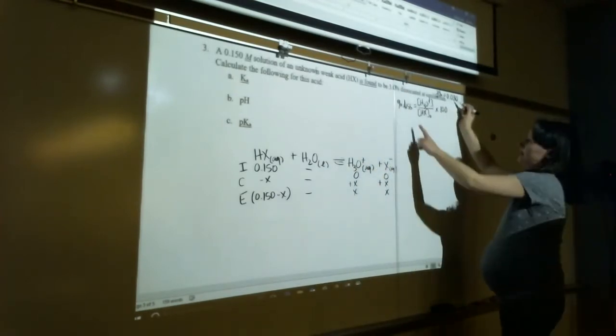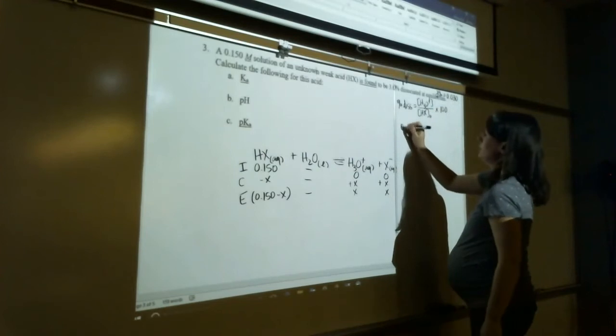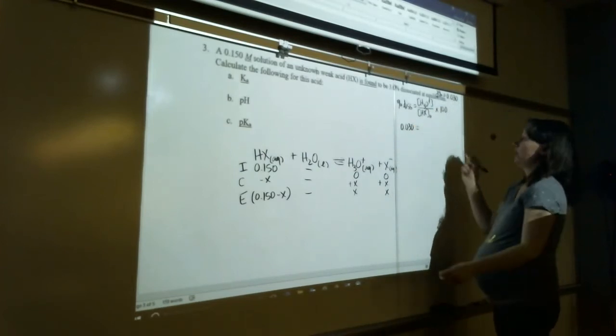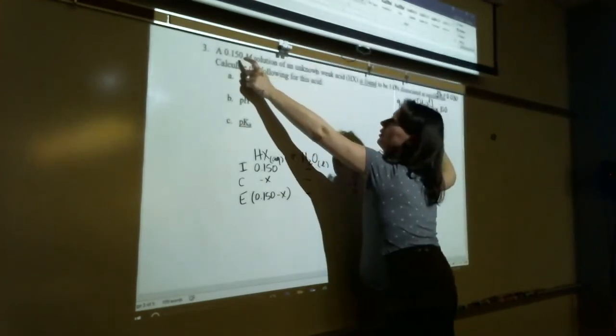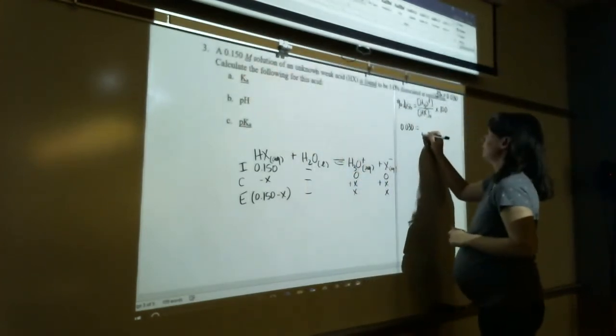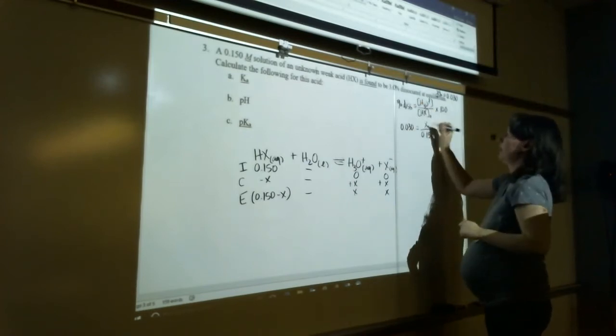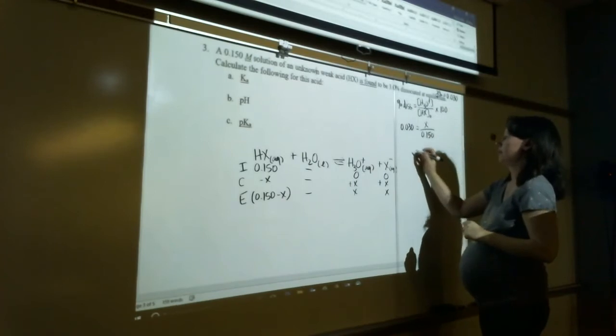So if I plug this in right here, 0.030, and I know the initial concentration, that's right here, I can solve for x, right? X will be H3O plus.